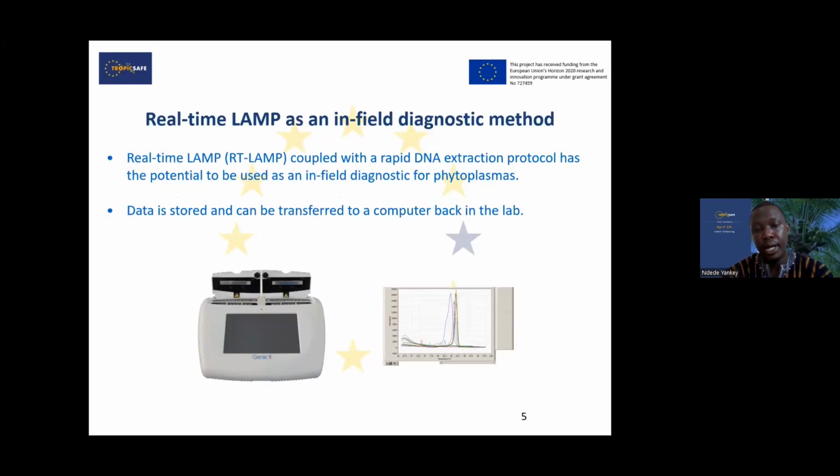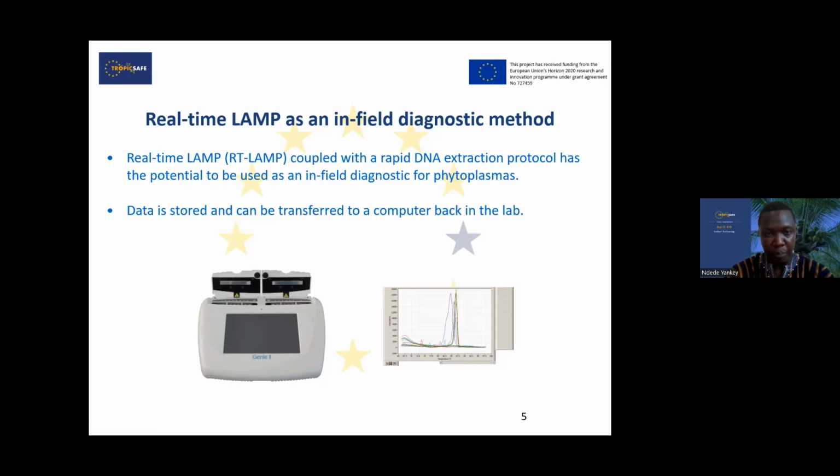So real-time LAMP, coupled with the rapid DNA extraction protocol, is considered as a potential method that can be used for phytoplasma detection. And very simple equipment have been developed which can be used in remote parts of the continent.